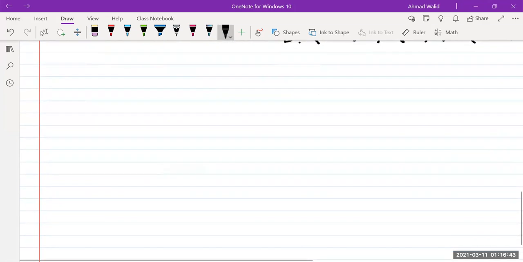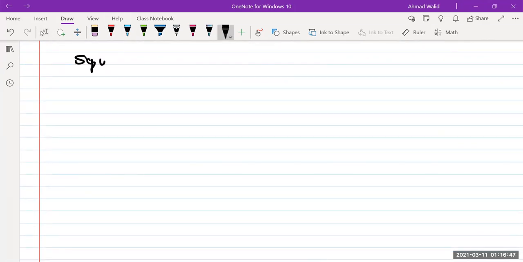The third type, square root. For example, if I have f of x equals the square root of, let's say, x plus 2.